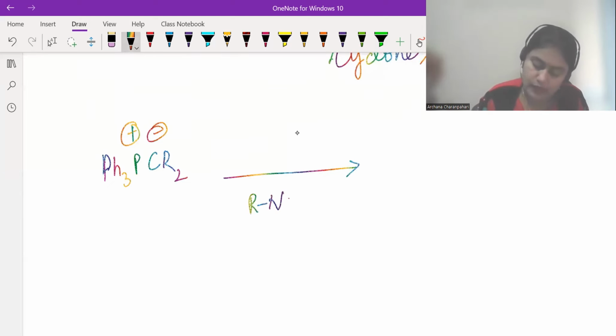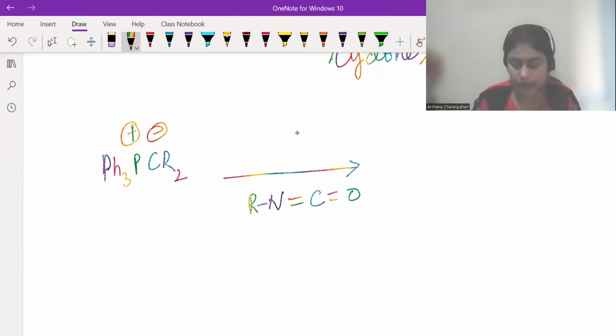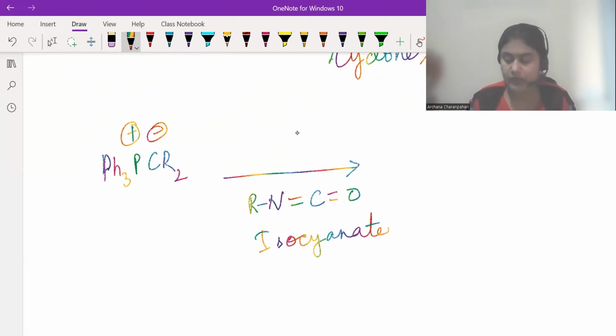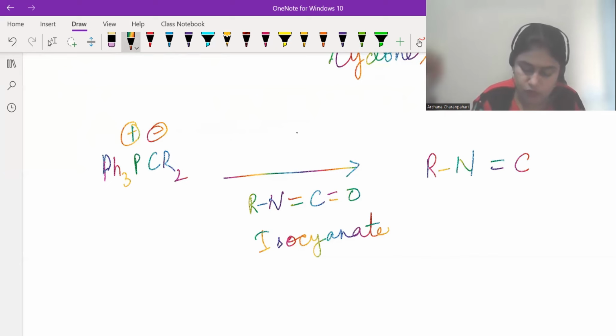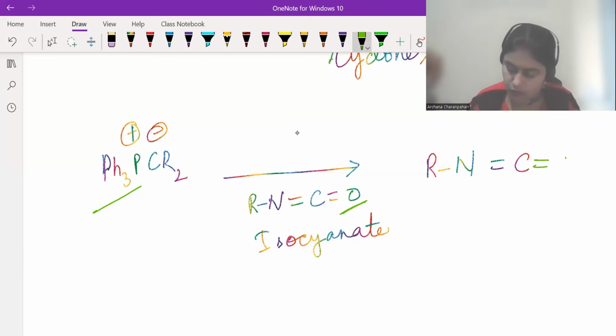So you have R, N double bond C double bond O, an isocyanate group. You can easily introduce a double bond in this isocyanate group and convert it into an alkene. So R, N double bond C. Obviously, this portion, as I have mentioned, will go with O, and the rest of the molecule will be like this.